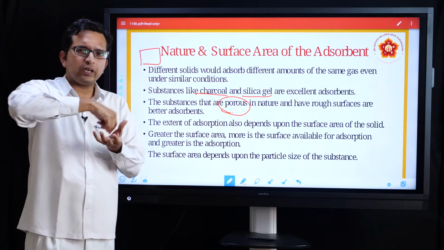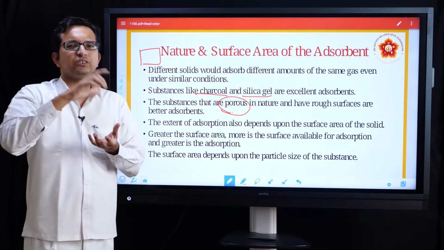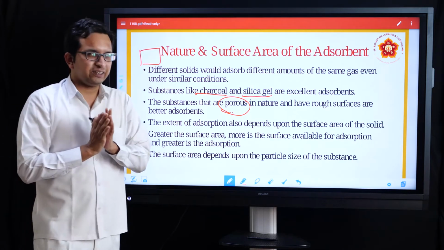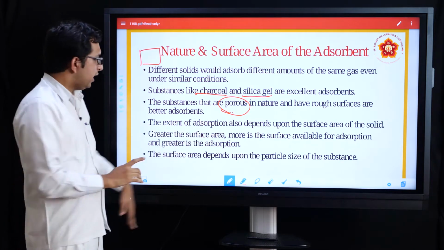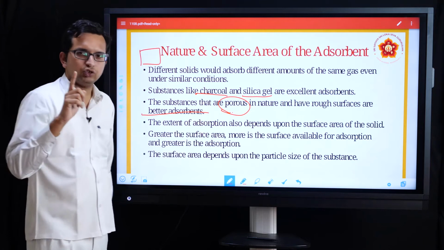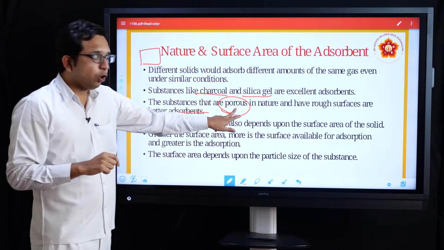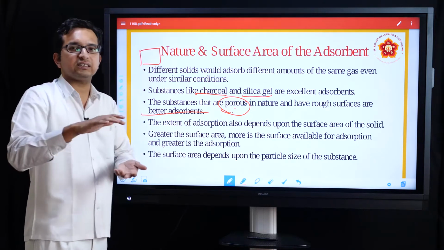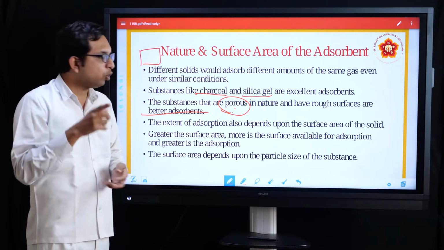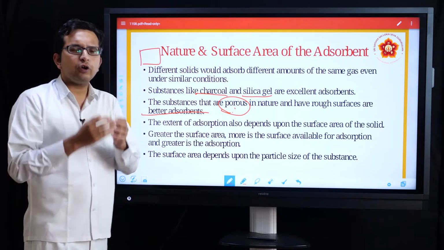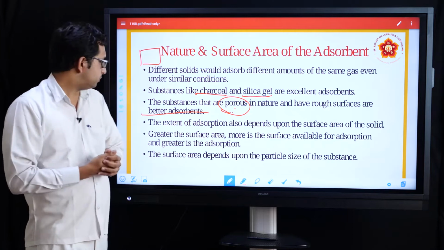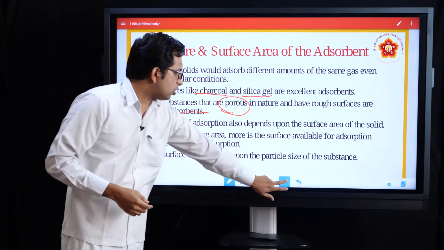Gas molecules were going and occupying the small spaces which were present. Exactly here, what we are trying to tell is that if it has to be a better adsorbent, then the porous nature of that surface is very important, because the more porosity, the more will be the adsorption of the compound.